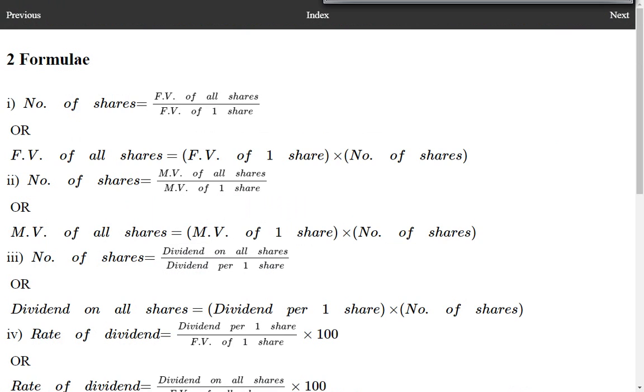The first formula which we are going to see is number of shares in terms of face value.